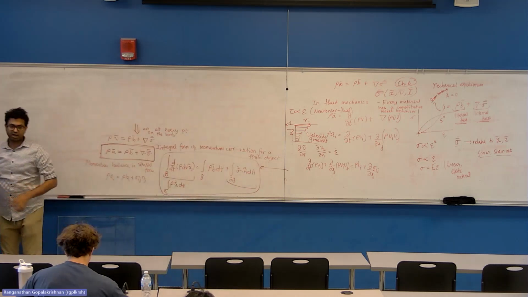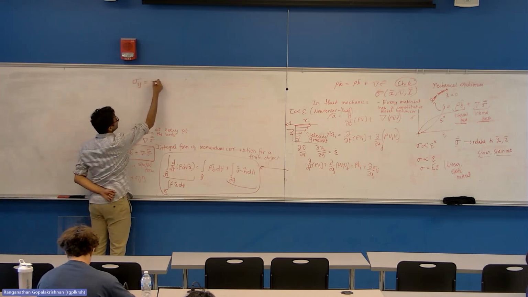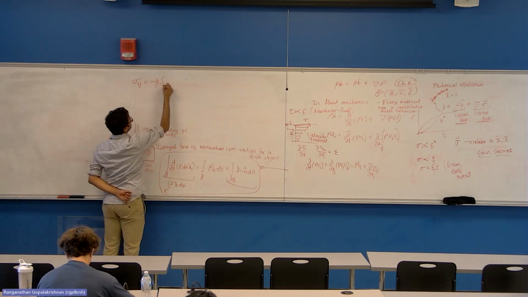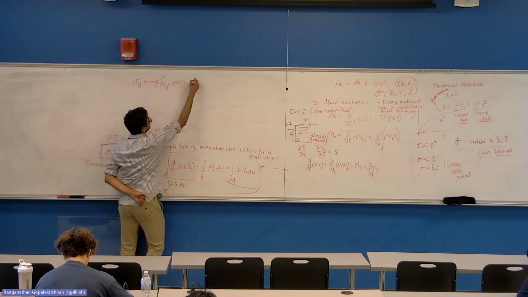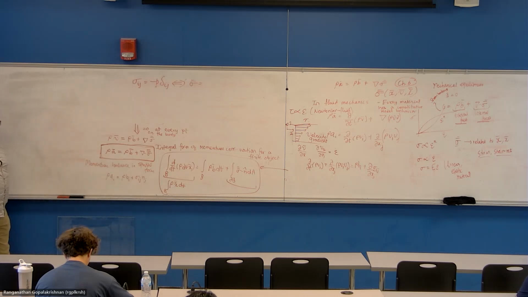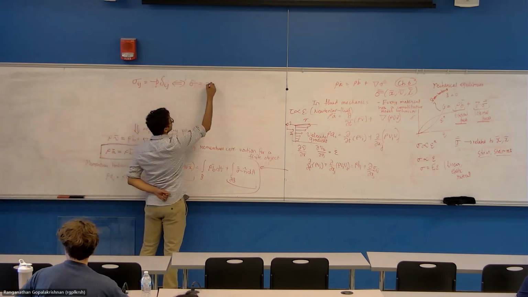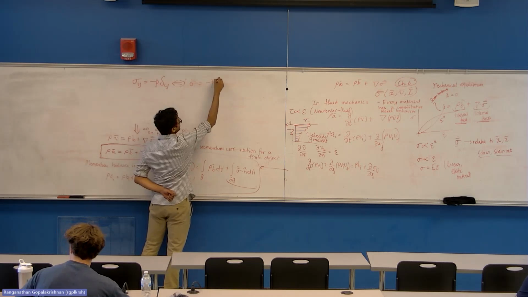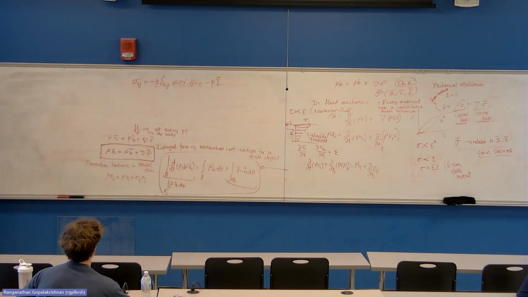If I write sigma ij is equal to minus P, a scalar, multiplied by delta ij, that is same as writing sigma is equal to what? Minus P times identity tensor, right?